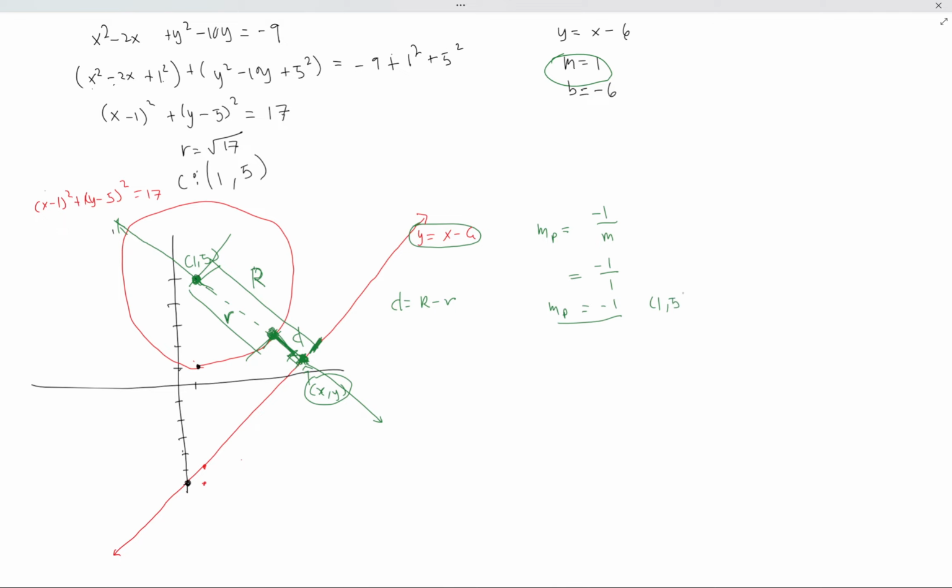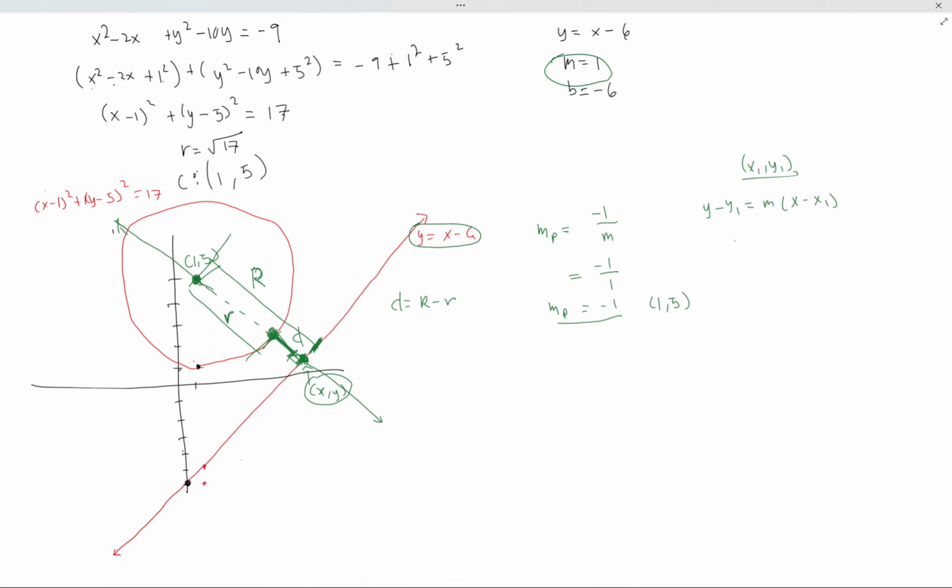And if that's the case, we have to use what we call the point slope form of the line. Again, remember, the point slope form is given by y minus y sub 1 equals m times x minus x sub 1, where (x sub 1, y sub 1) is a point we are sure our line would pass through.